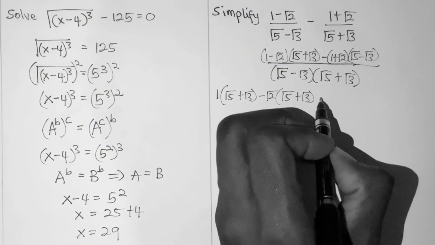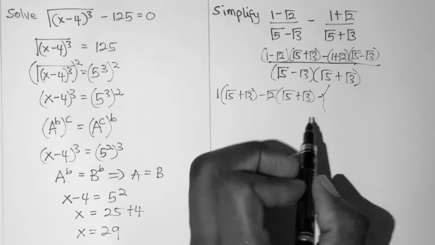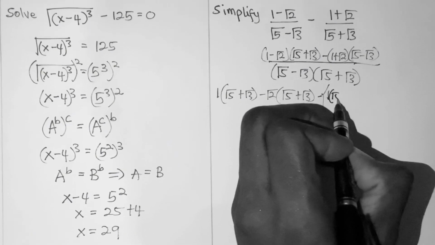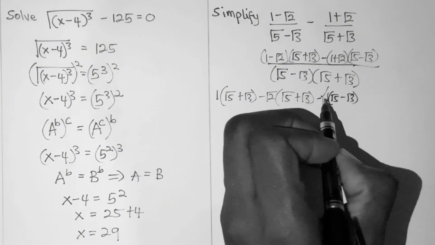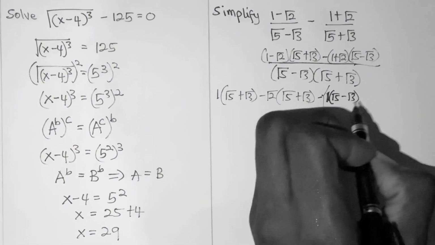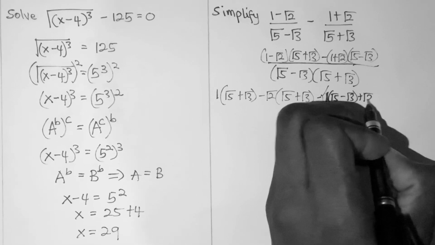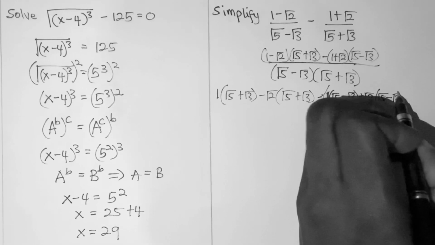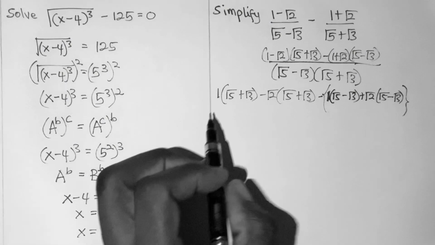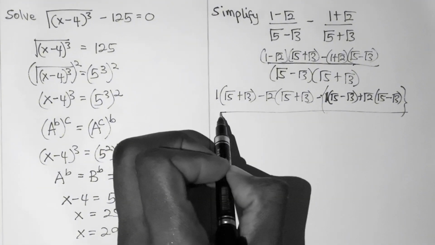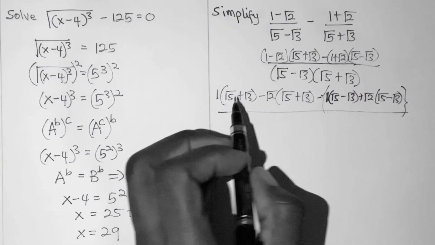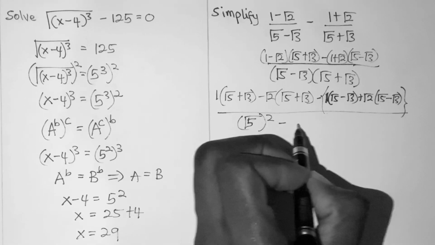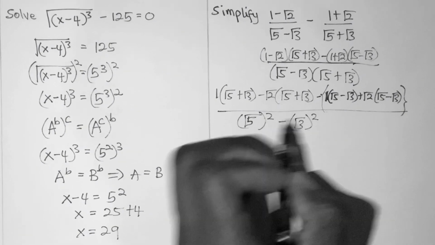Then we expand this one too, so minus, let me bring a big bracket, 1 times (square root of 5 minus square root of 3), plus square root of 2 times (square root of 5 minus square root of 3). Bracket close. So all divided by, you can see that this is a difference of two squares. So this becomes (square root of 5) all squared minus (square root of 3) all squared.